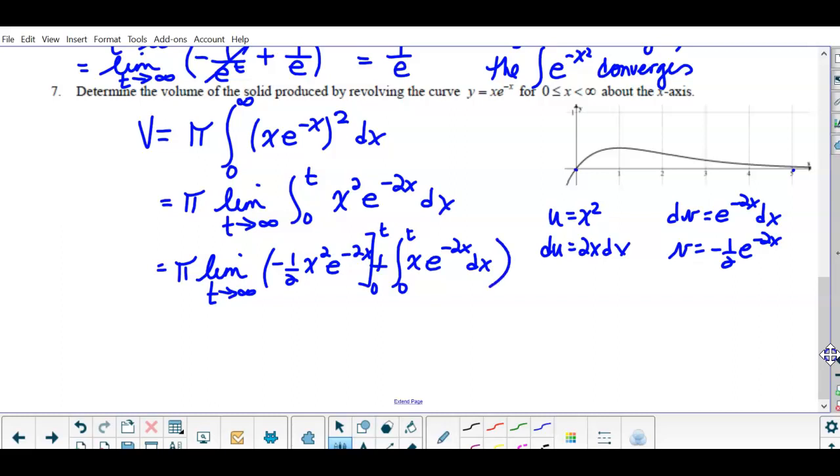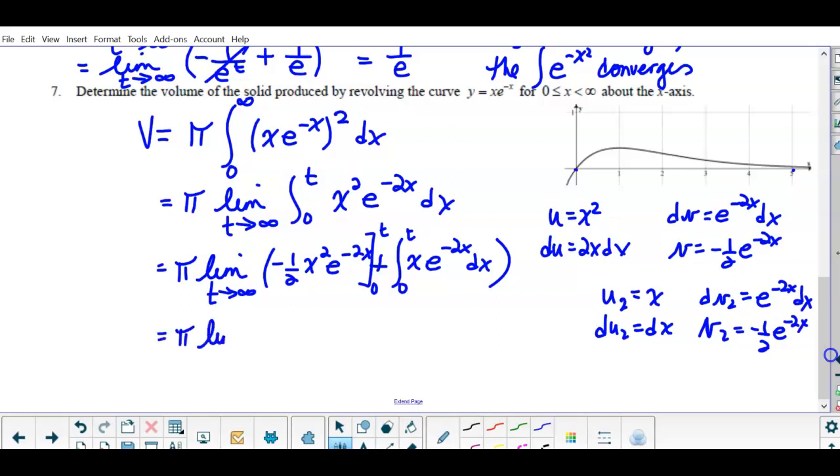Then we have to do it again. So we'll call it u2 equals x, so du2 equals dx. And then dv2 equals e to the negative 2x dx, and then v2 equals 1/2 e to the negative 2x. Lots of work on this one. I'm just going to leave this before I start substituting in.